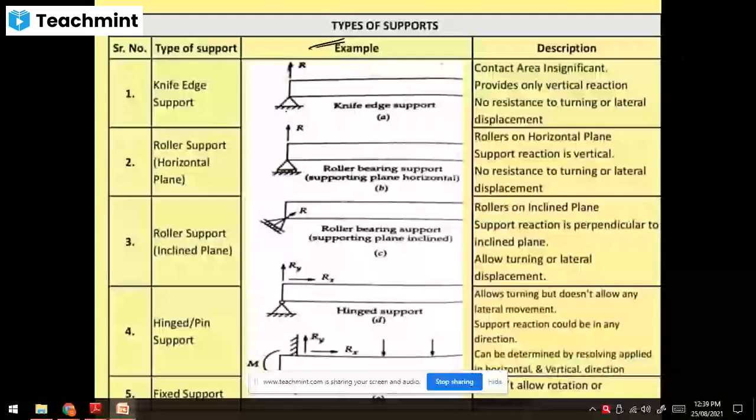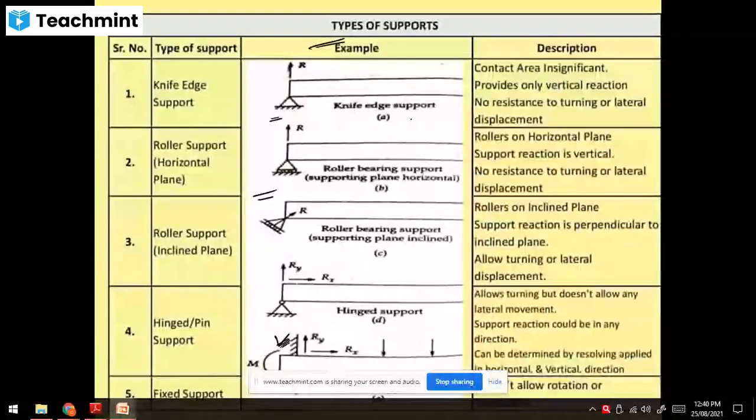Different types of support: roller support, hinge support, fixed support, etc. As you know, for hinge support, how many unknowns are there?